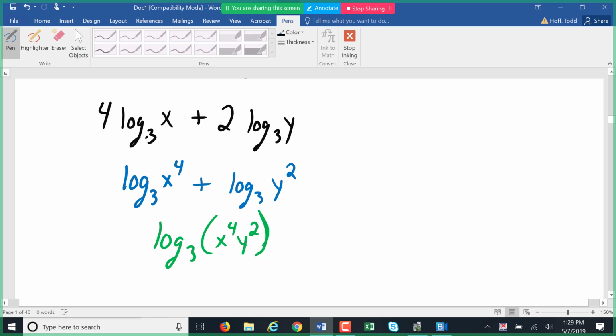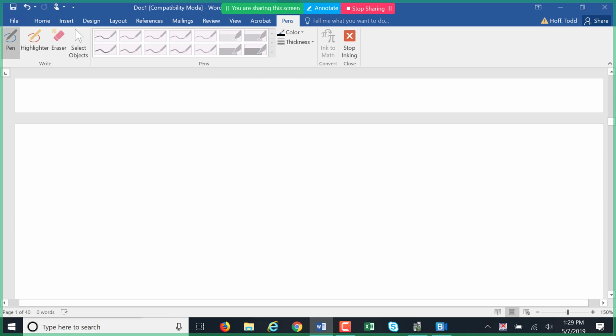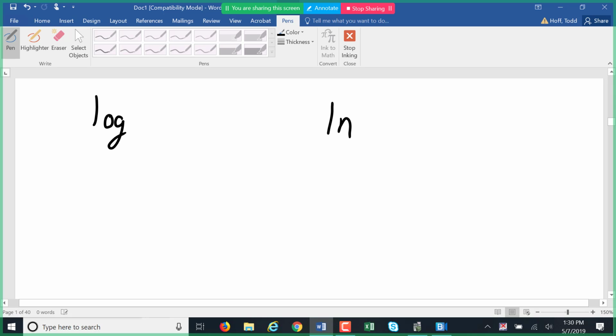So at this point, you might be thinking, well, that is great, but I don't have a log base 3 or log base 5 or log base 7 button on my calculator. And your calculator doesn't have the option in most cases to enter alternative logs. Your calculator has 2 buttons, log and ln.